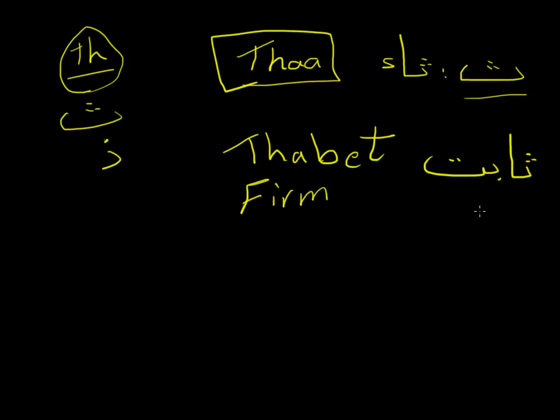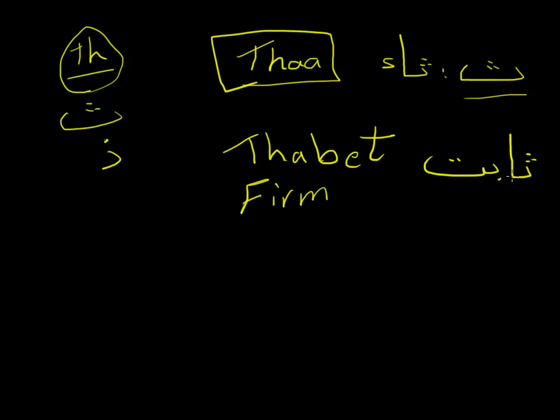Let's start with the middle, but you can see how, here as well, although it is in the middle, it looks like the beginning of the word, and that's mainly because of the alif. You cannot connect any letter after it, so there has to be some separation.